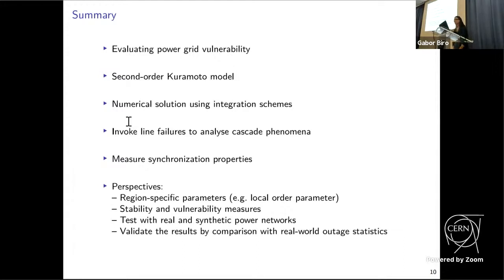Questions, please? Very good talk, thank you. So I'm wondering, with your simulation, you can analyze what happens if something fails. Is there any way to come up with interventions or responses to limit, for example, a cascade, to stop it getting even worse?